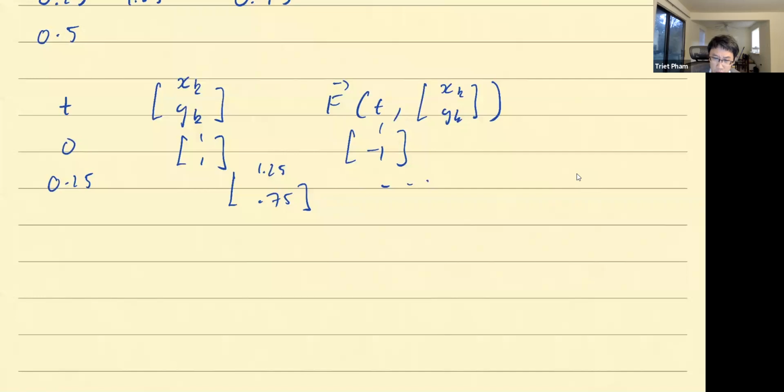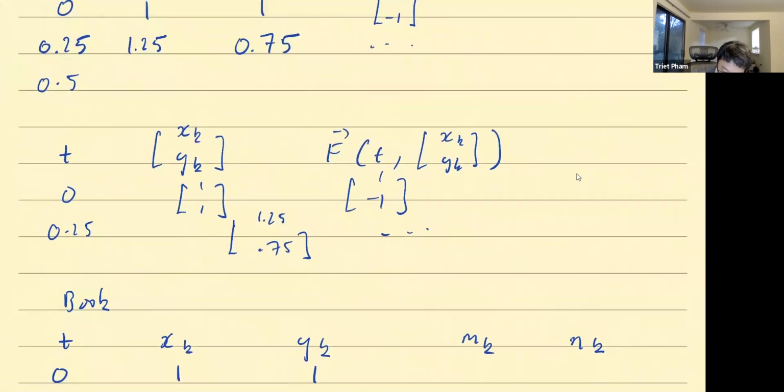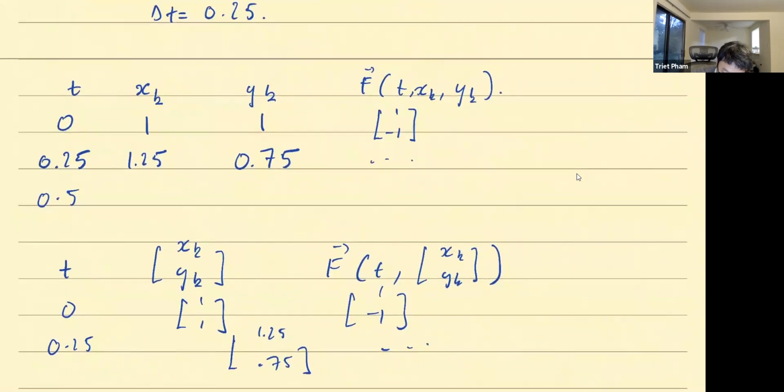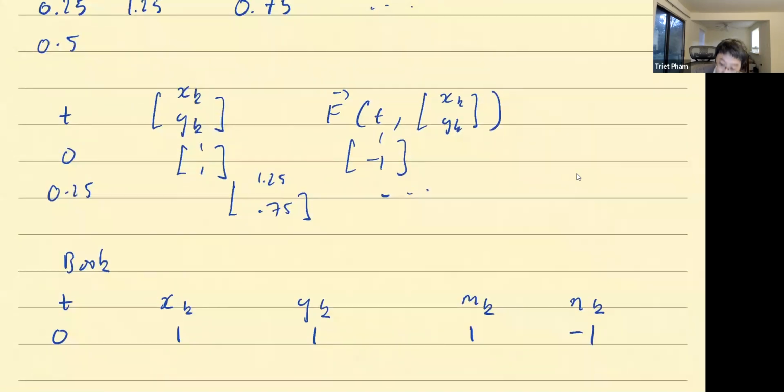A little algebra, yeah, sure. Arithmetic, you mean adding things. But the book tries to do this: t, x_k, y_k, and they call something like m_k and n_k. So they really keep 4 separate variables, where of course this is 0, this is 1, this is 1. This is the first coordinate of f, so it's going to be 1, and this is going to be minus 1.